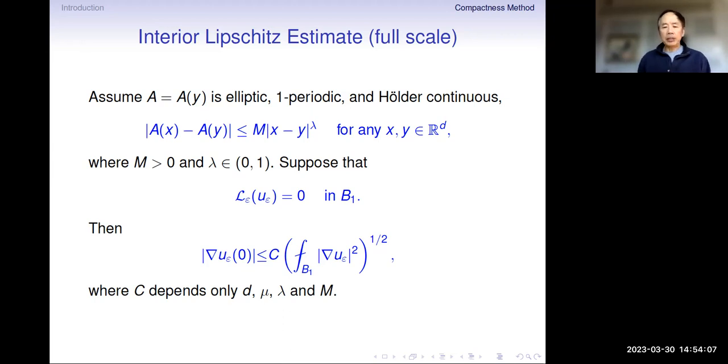Again, the C here depends only on dimension, ellipticity, and these two parameters, lambda and m, in the smoothness condition. Okay, so how do we prove this full scale estimate using large scale and small scale? How do we combine them? Actually, the proof is quite easy.